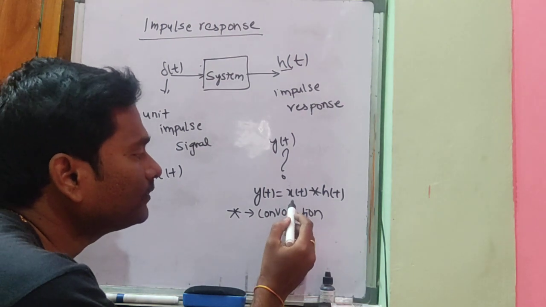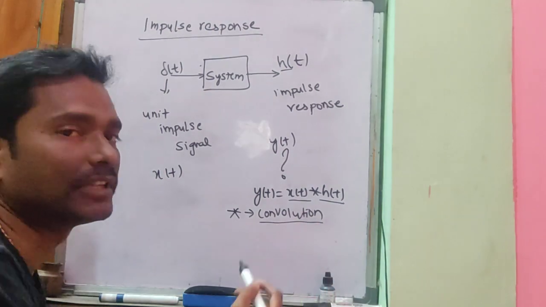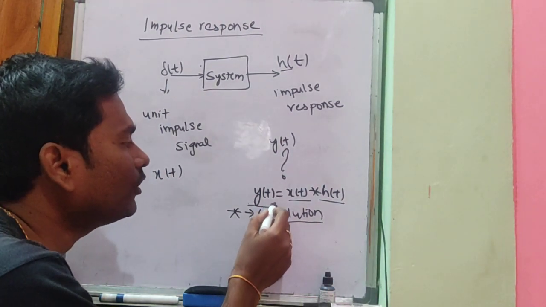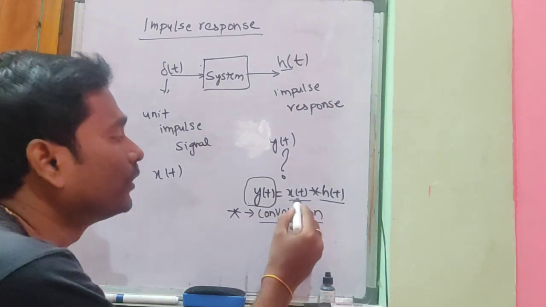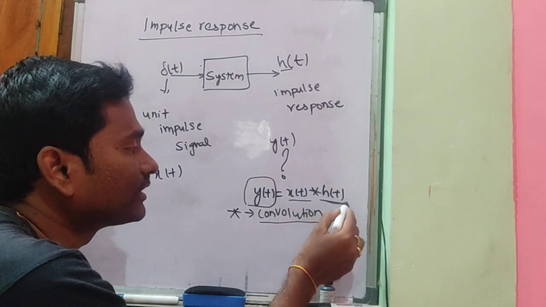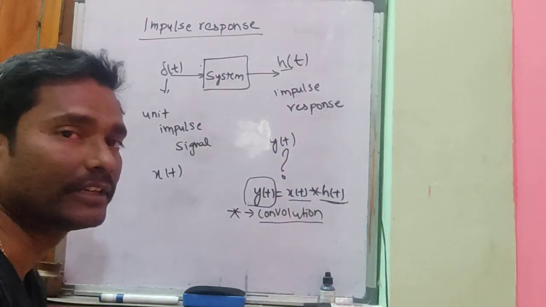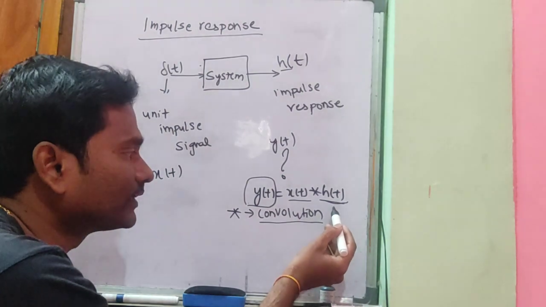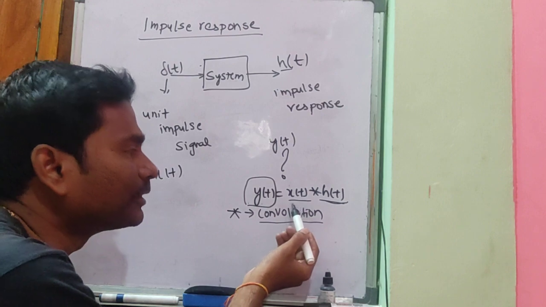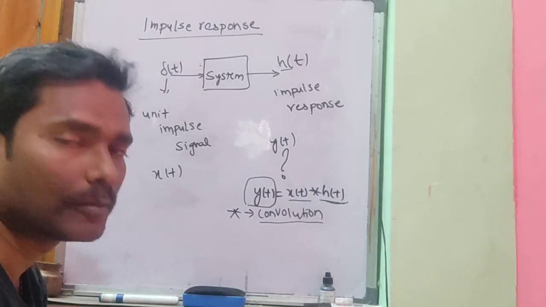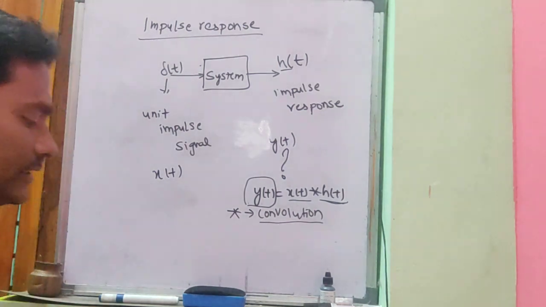When we perform the convolution between the input and the impulse response, we can easily find the output. This is one way of getting the output. Once I know the impulse response of the system, I can easily find the output for any input.